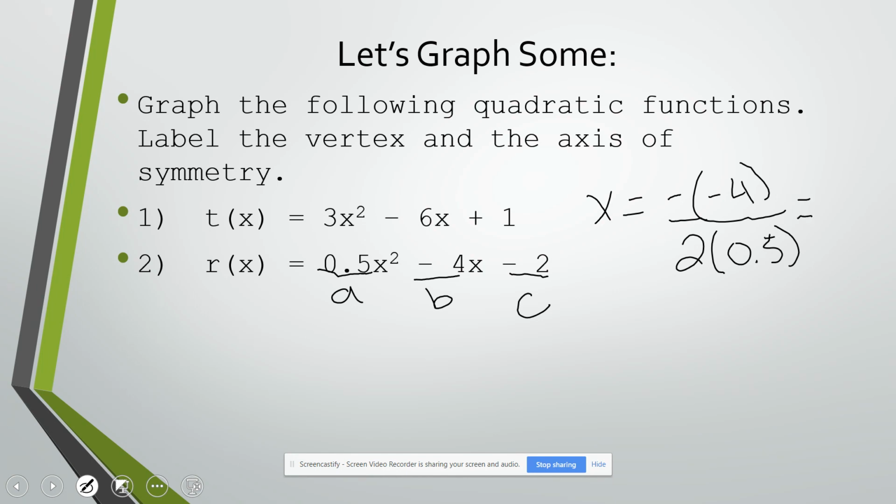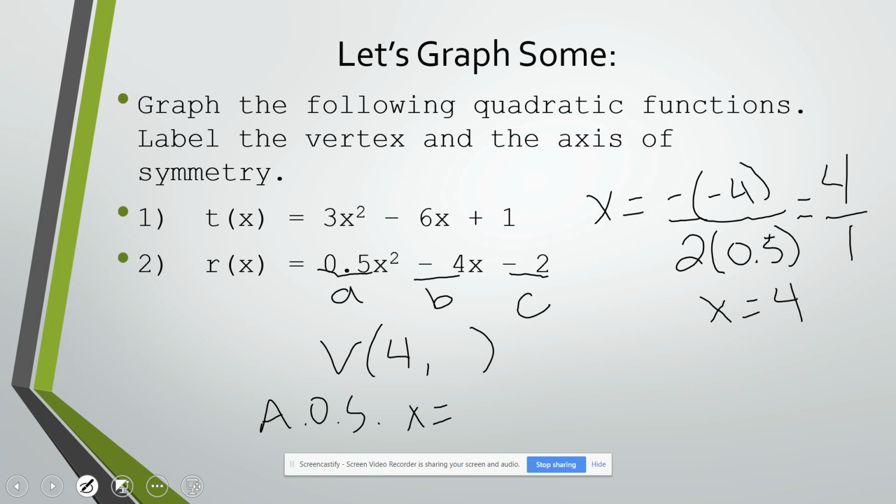The negative 4 on the top becomes positive 4, and 2 times 1/2, or 0.5, is 1. 4 over 1 is 4. So our vertex starts at 4, and our axis of symmetry is at x equals 4.